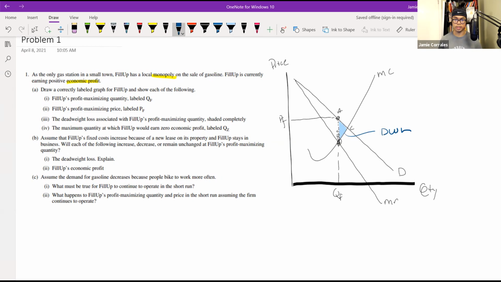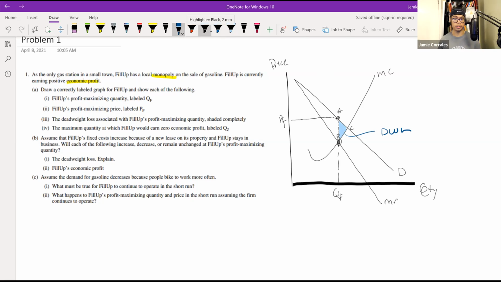At C, price is equal to marginal cost. This is where a perfectly competitive industry would produce. As we can see, there is more production and lower price. So with a monopoly, prices are higher and there's a lower amount of production. And as a result, we get deadweight loss, again a loss of efficiency.